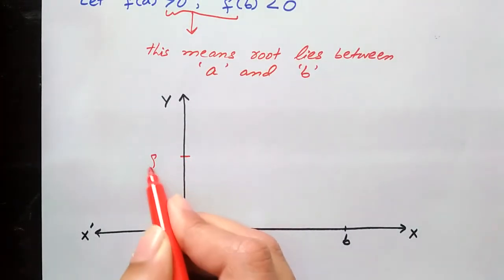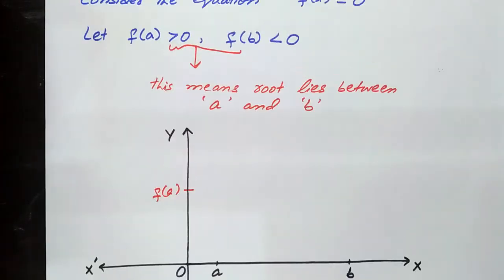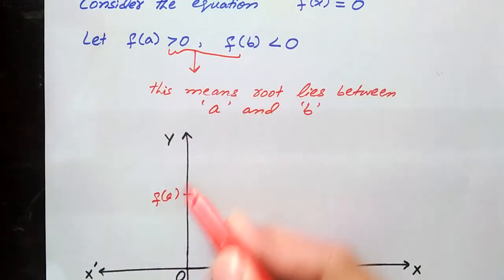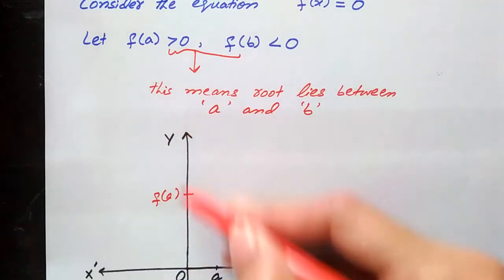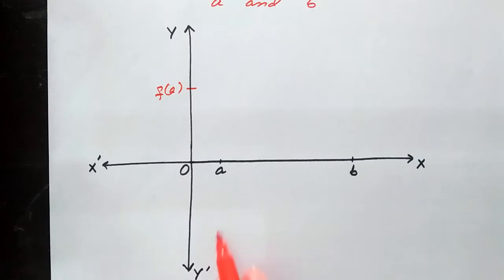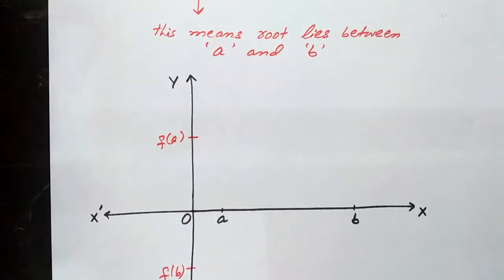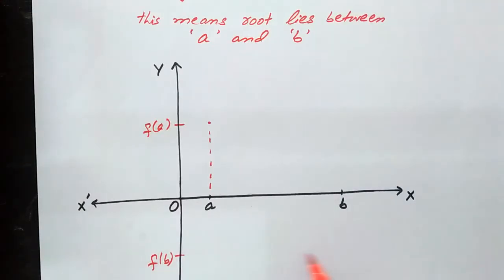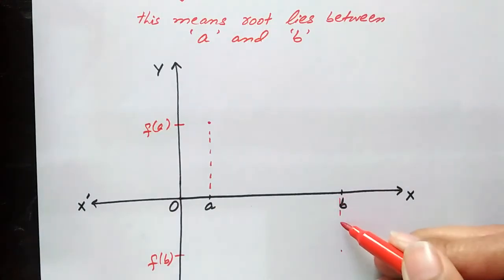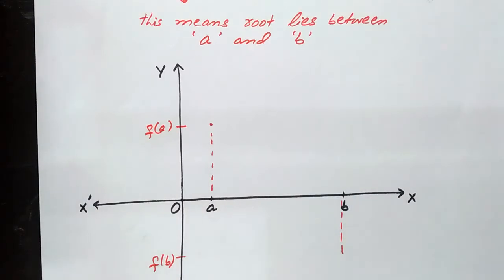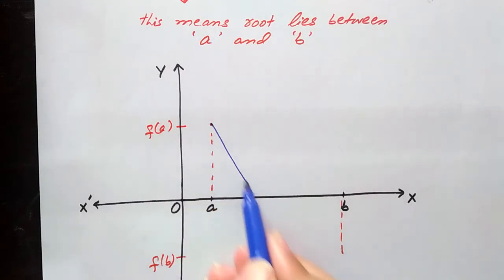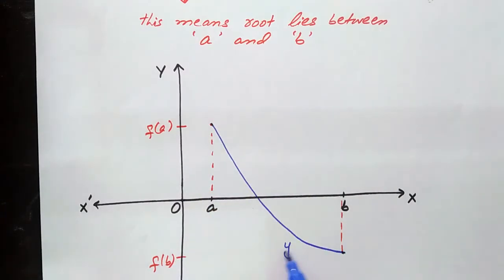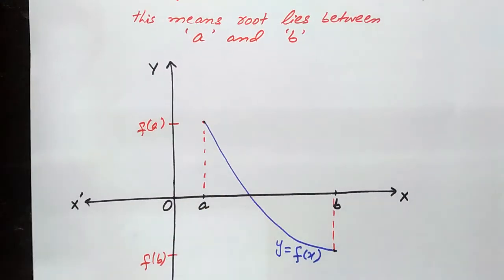Let's suppose this is our point f(a), that is positive, so I have made this point above the x-axis on the positive y-axis, and the point f(b) over here on the negative y-axis. I am drawing the curve for y = f(x).